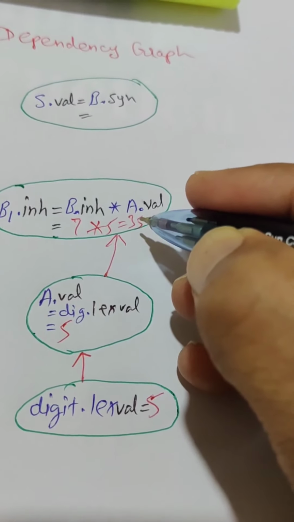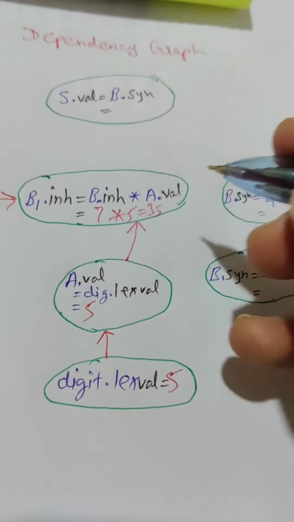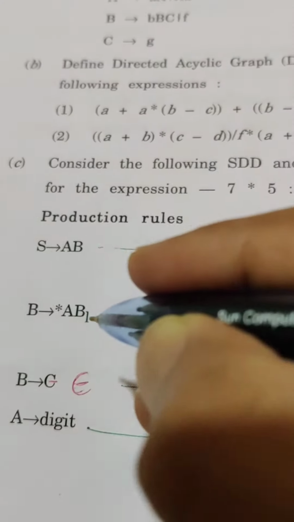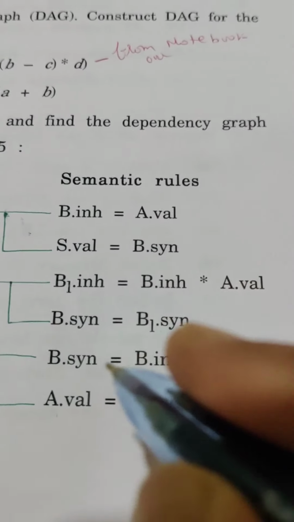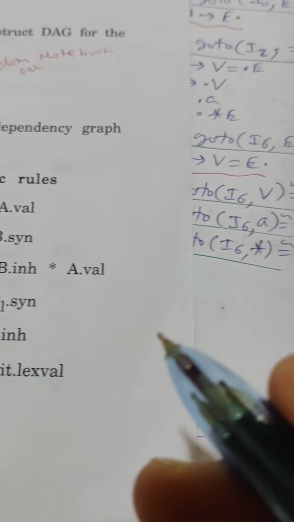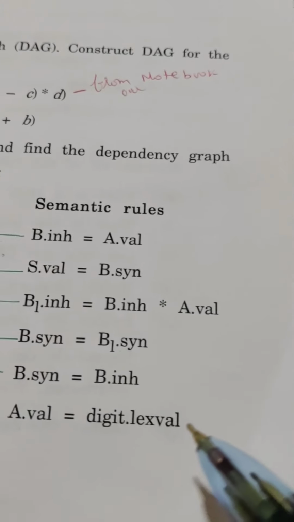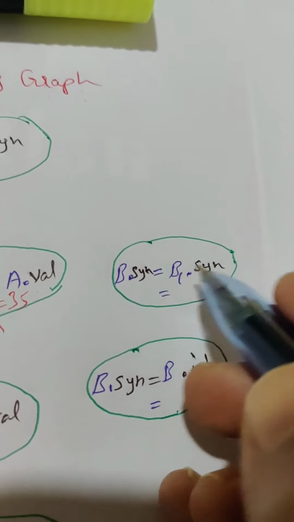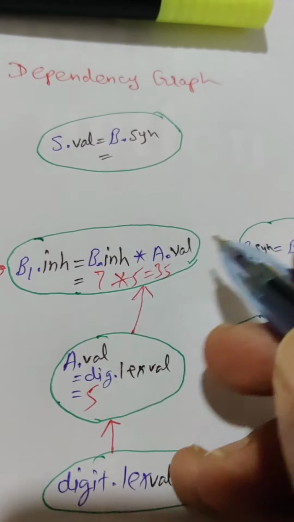Okay, now next we want one more rule for the semantic action for this B goes to *AB, that is B.syn is equal to B1.syn. Okay, so we want this value right now, but for this we need the synthesized attribute, which is synthesized on both sides. We don't have any synthesized data here.